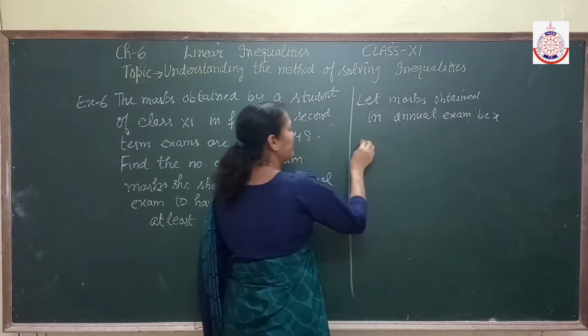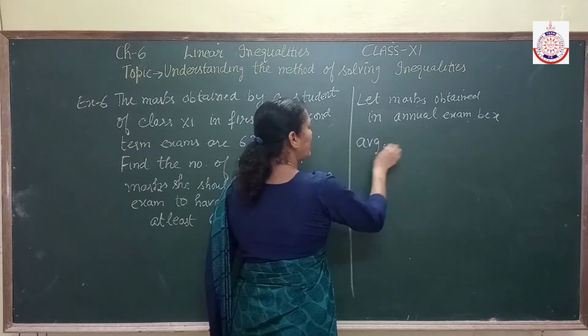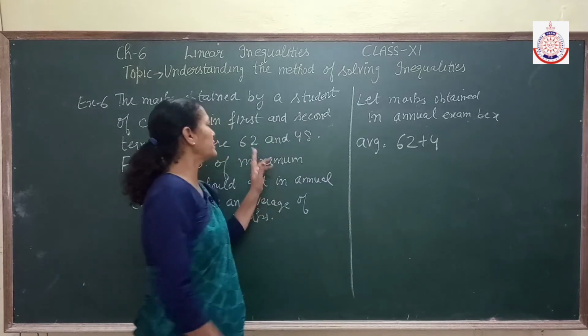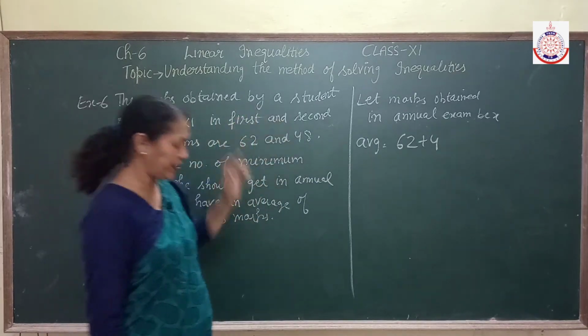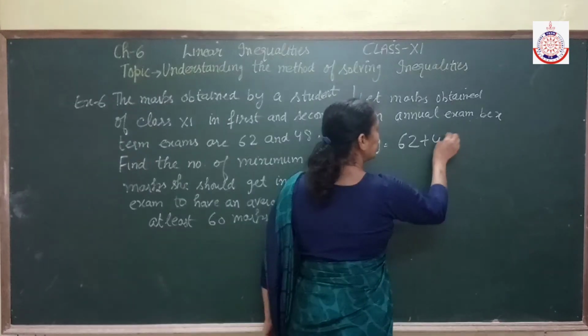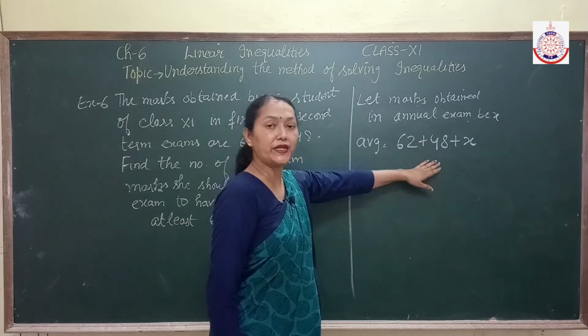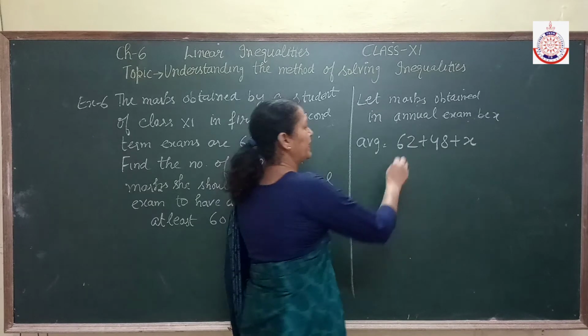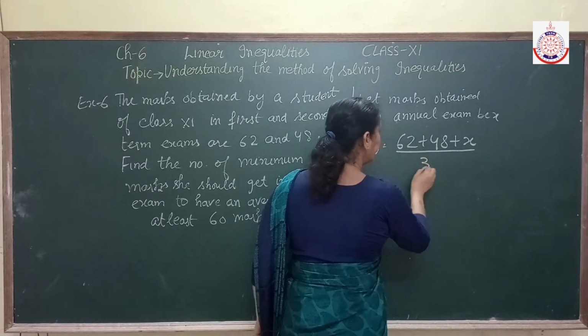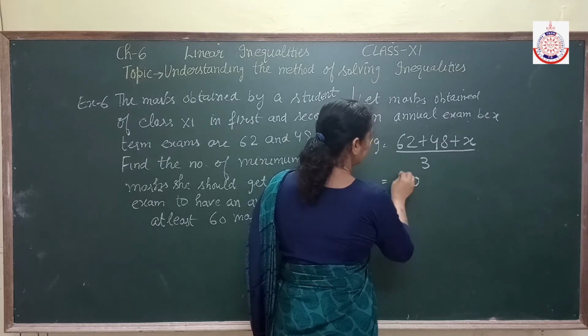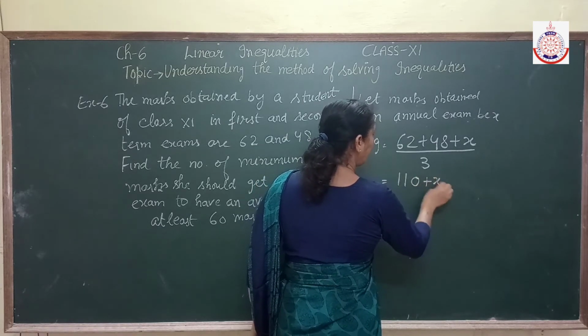Then how do we get average? Average of marks means adding the marks. In first two exams she has got 62 and 48. In third exam she has taken x. So average would be 62 plus 48 plus x divided by 3. We have got 110 plus x upon 3.